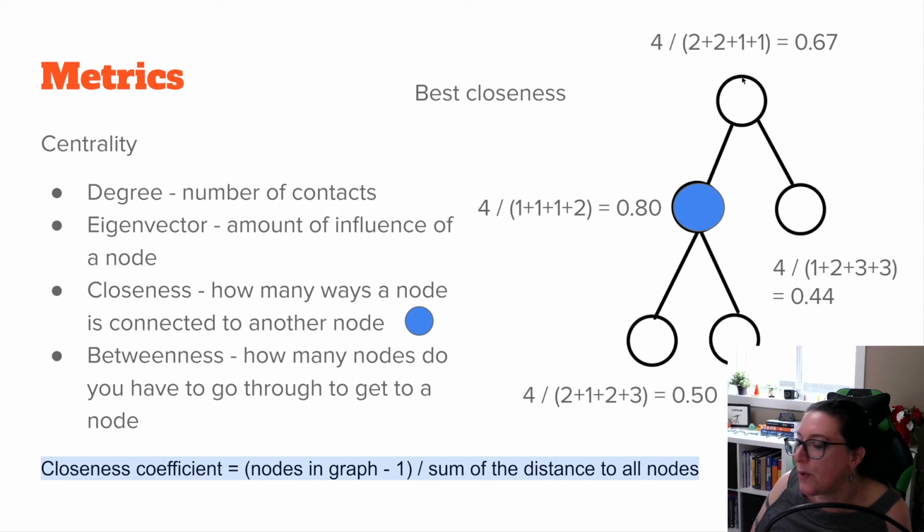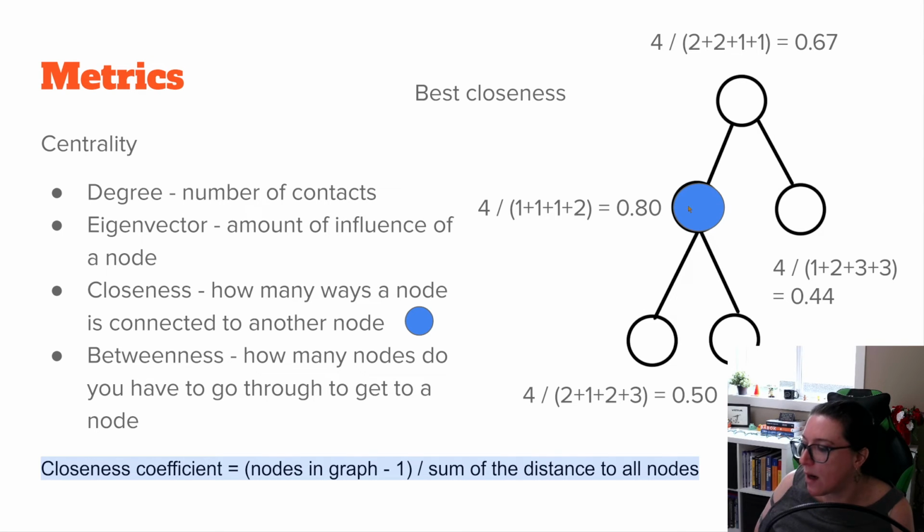So if, for example, you are this person right here, there is 1 to talk to this person, there is 1 to talk to this person, and 1, 2 to talk to this person, and 1, 2 to talk to this person. So their closeness coefficient for this person up here is 0.67. That 1, 1, 2, 2, we take 4 divided by that, we get 0.67.